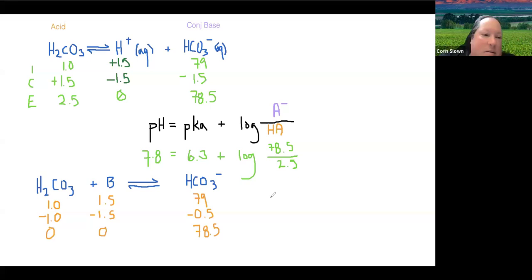So in this case, let's say that we didn't completely consume our carbonic acid. Let's say we only added 0.5.